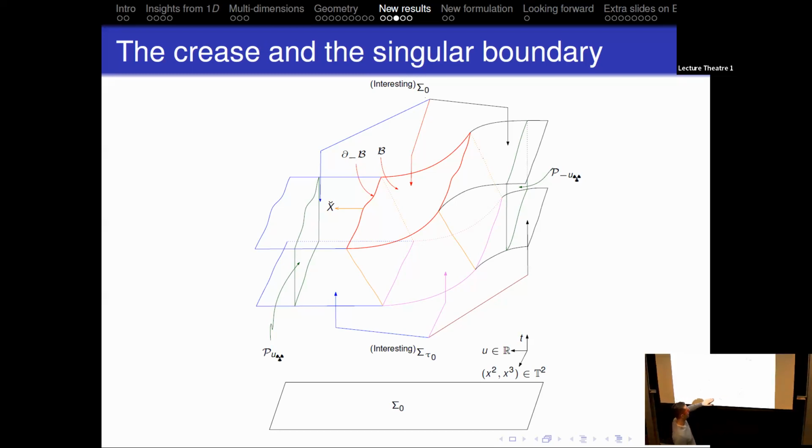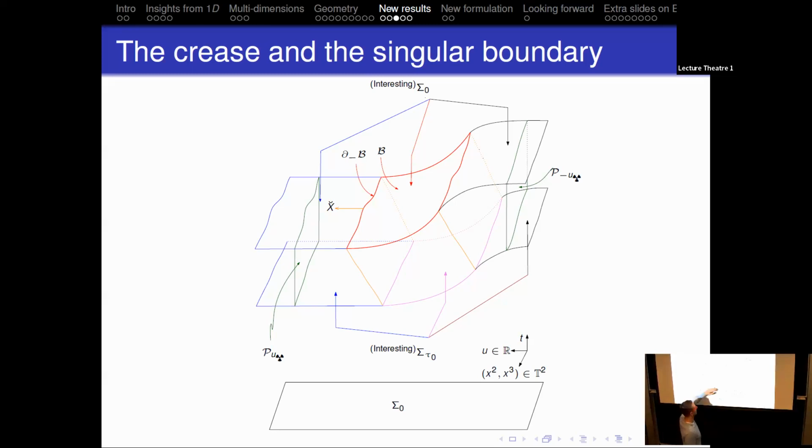Smooth initial data are given down here, exactly of the type that I mentioned on the previous slide. For a long time, by Cauchy stability, nothing interesting happens. And then we start constructing these foliations by space-like hypersurfaces that are adapted to the precise shape of the singular boundary.